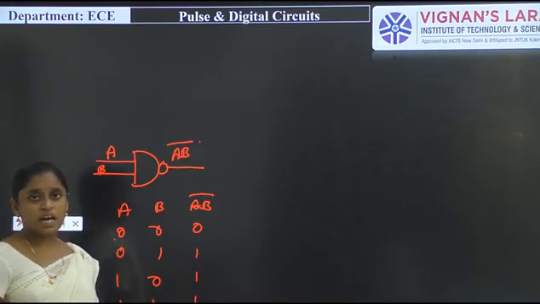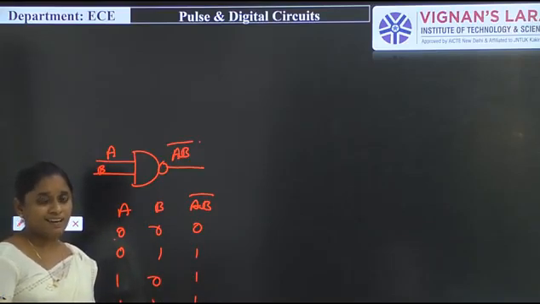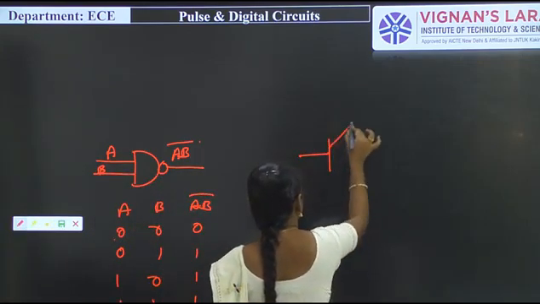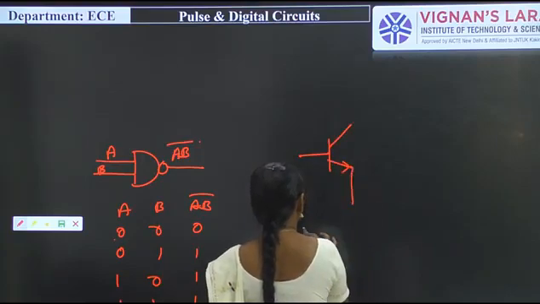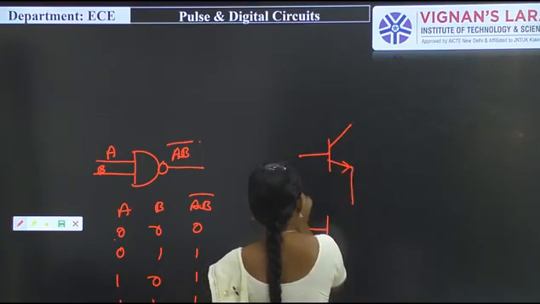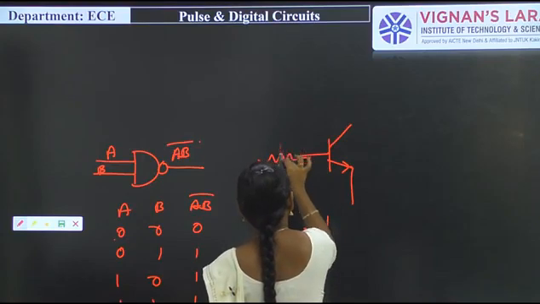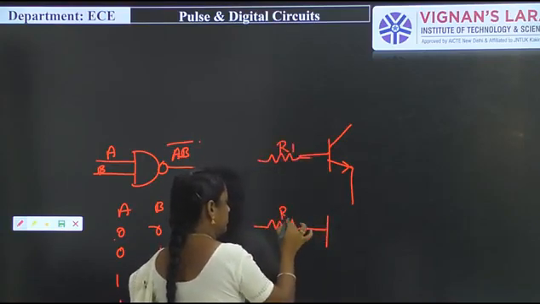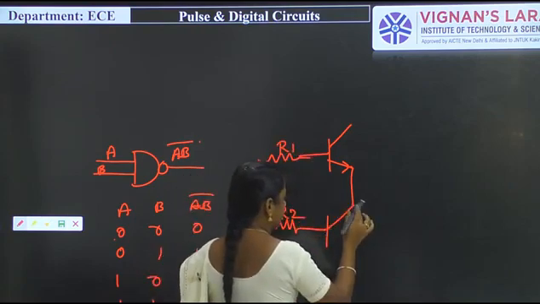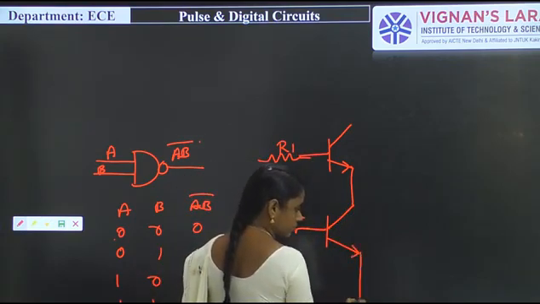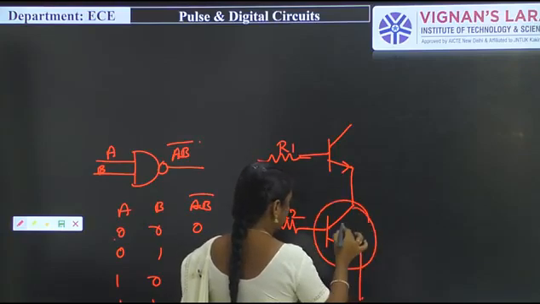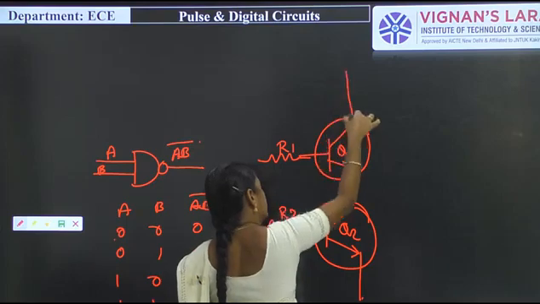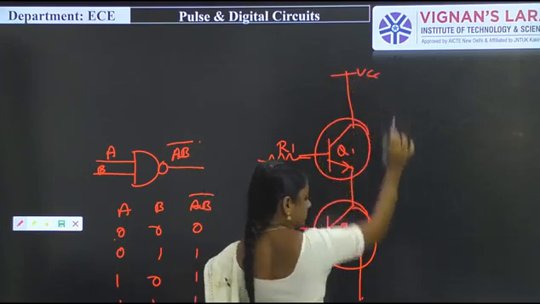So in the previous, the transistors are connected in the parallel manner. Here I am connecting transistors in the series manner. Here I am connecting a resistor. VCC.